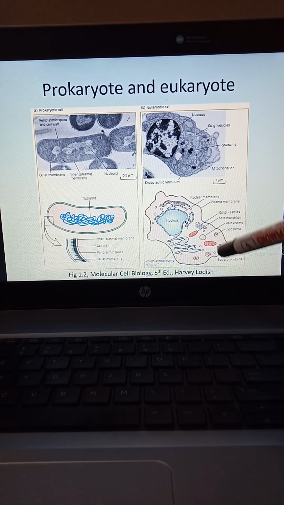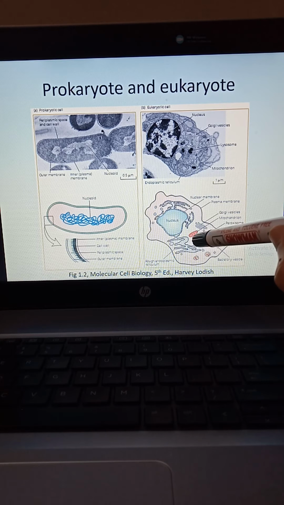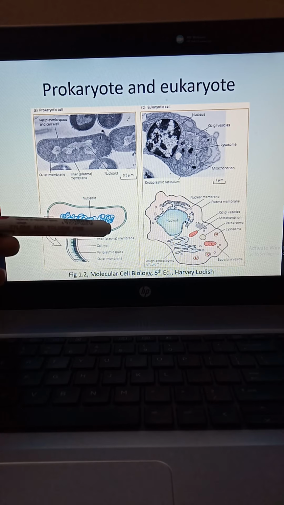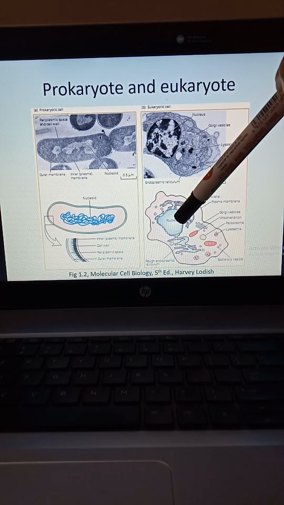We are not mentioning this time, just for the sake of simplicity, what the other components not shown here are. We'll define them later, but we are simply defining the difference between prokaryote and eukaryote: the very basic difference is that prokaryotes do not contain a nucleus, while eukaryotes contain a nucleus.